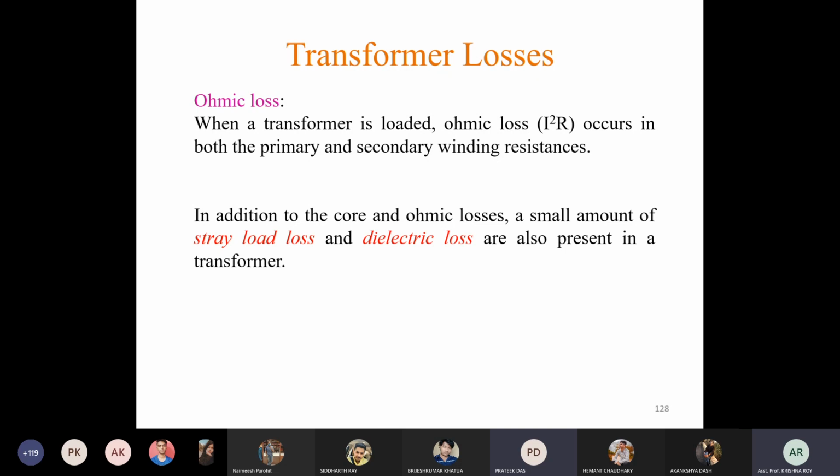But there will be some leakage current through this dielectric, and due to this leakage current there will be some loss, which is known as dielectric loss. These two losses are very small in quantity, so normally they are neglected. So the main two losses are core loss and ohmic loss. Any question?